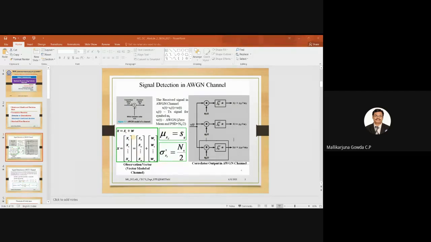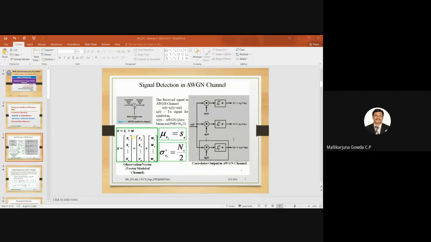si(t) is the transmitted signal for symbol mi, and w(t) is the additive white Gaussian noise, which has zero mean and a power spectral density of N0 by 2. How do I represent this in vector form? The received signal x(t) is represented as a vector x, so yesterday I discussed that x equals x1, x2 and so on up to xn.